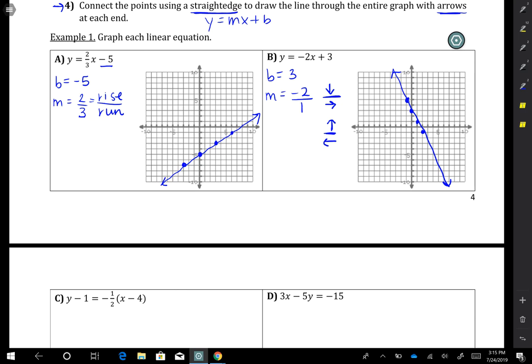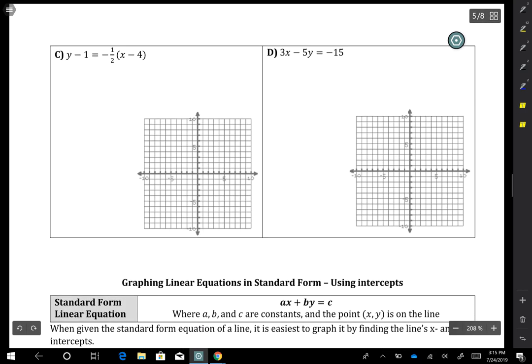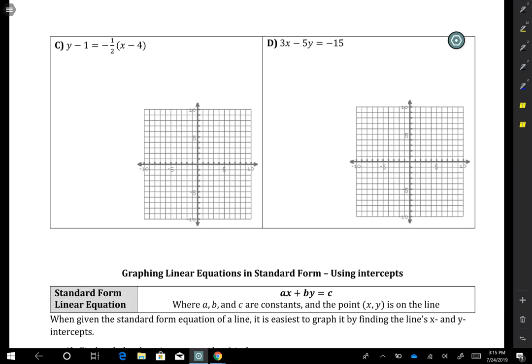Okay. We're going to do letter C. Letter C is not in slope-intercept form. It's in point-slope form. So we are going to change it to slope-intercept form by solving for y. So the first thing we are going to do is distribute our slope. So that is going to be -1/2 x.